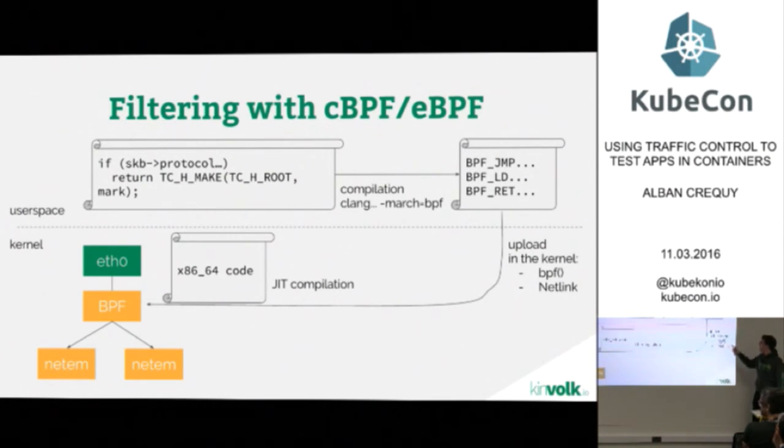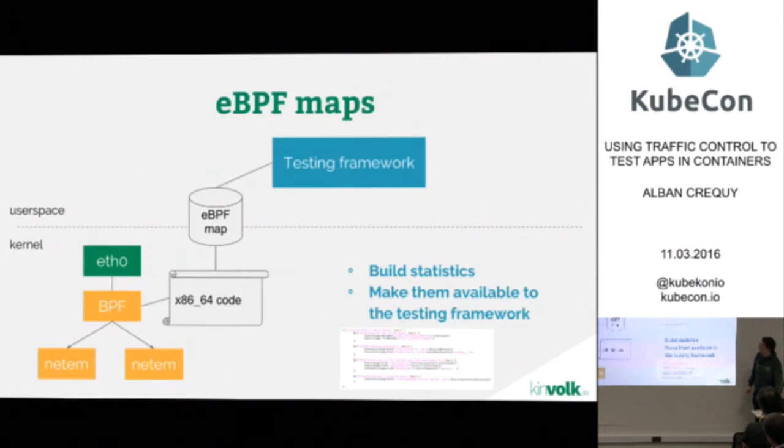So it's done with BPF and with BPF system calls. And with the new BPF, there is a way to share some hash table. They call it extended BPF map. And that map is just a hash table which can be accessed by the classifier, by the code which will be executed for every packet. So you can keep some statistics up to date here, or use that map to classify the packets.